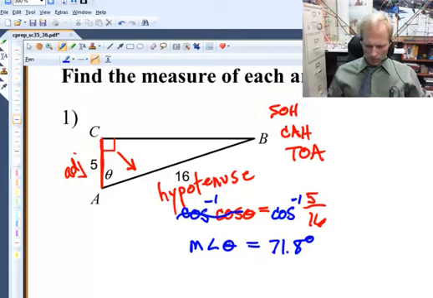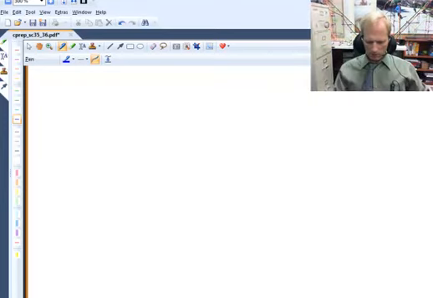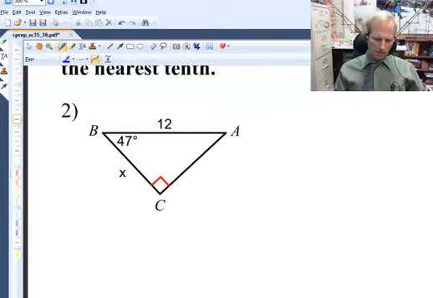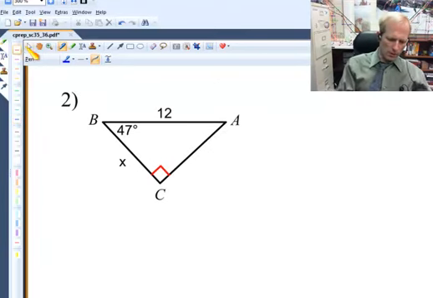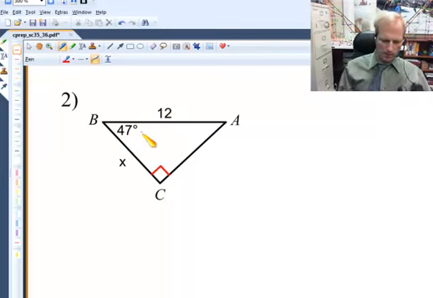Alright, the next problem, I think I'm asked to find a side length. Okay, so I start this problem the same way. I look at the information that I'm given and the side length that I'm trying to determine, and I decide relative to the angle I'm given which side is the adjacent, hypotenuse, and opposite.